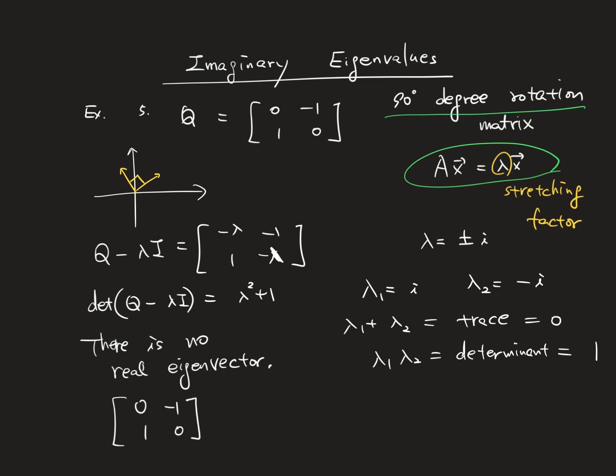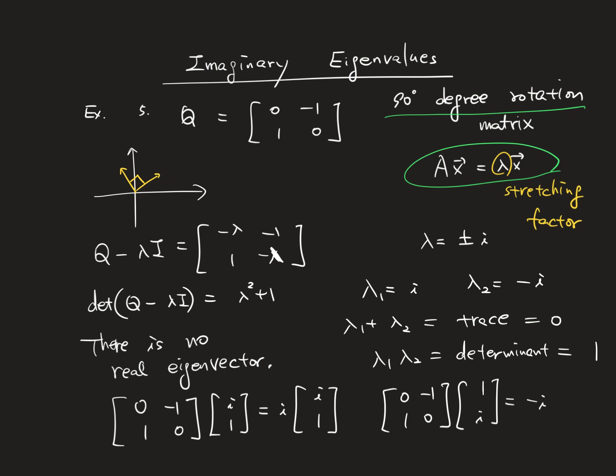So we can see that (1, i) will be the eigenvector for i, and also (1, minus i) is the eigenvector for minus i. So we can find two eigenvectors: x1, and this one will be x2 for eigenvalue minus i.